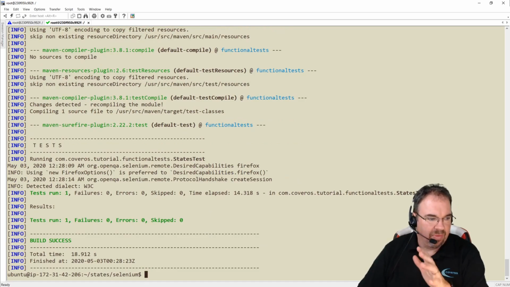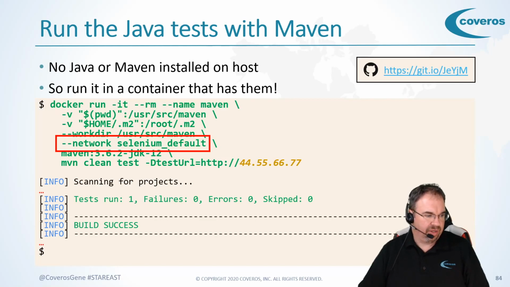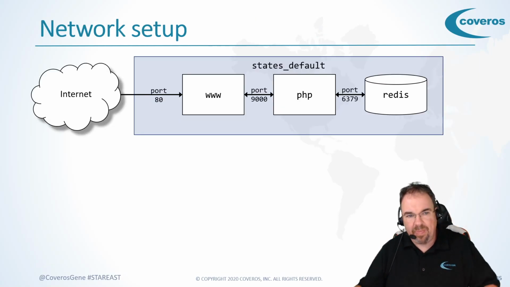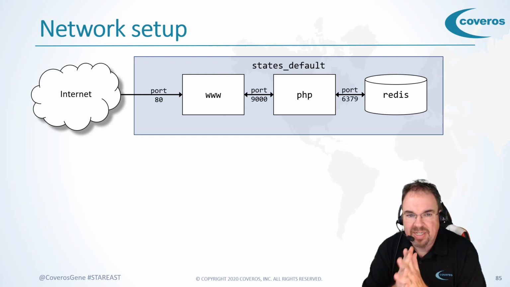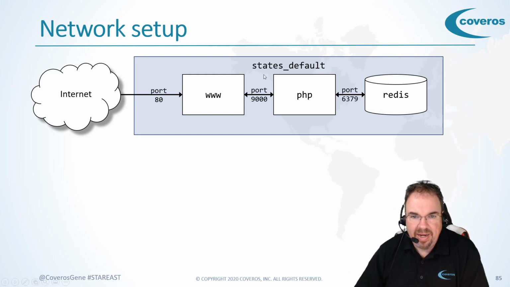Now, let's take a look at what we really saw there, okay? Because I know this is complicated. I'm moving fairly quick through the Selenium part, but the network piece is the important piece. We stood up a network called states default, right? We had www, PHP, and Redis. Redis is our database. We exposed port 6379.